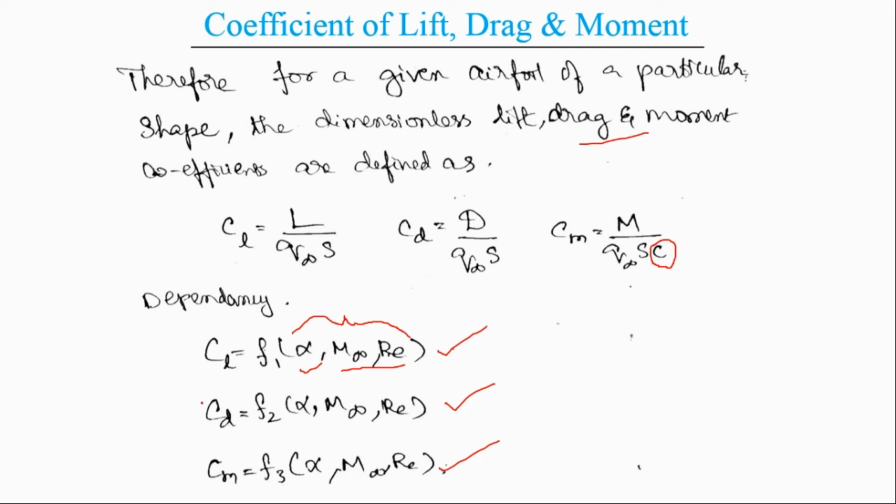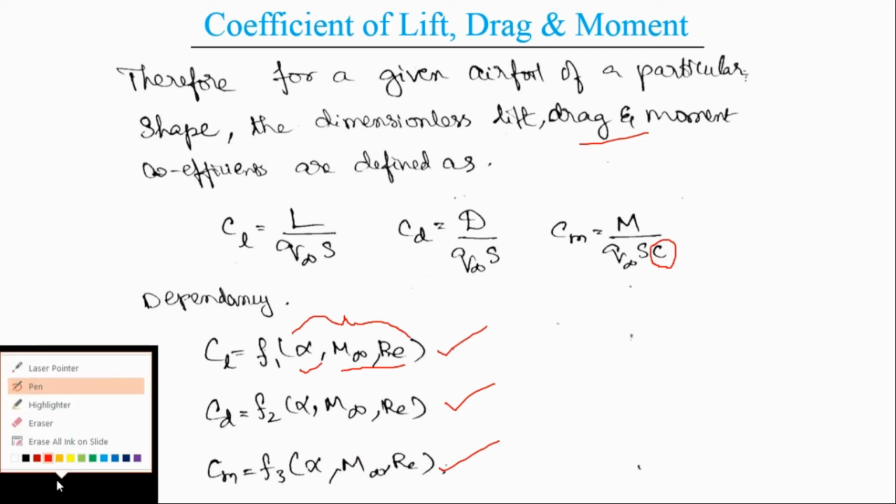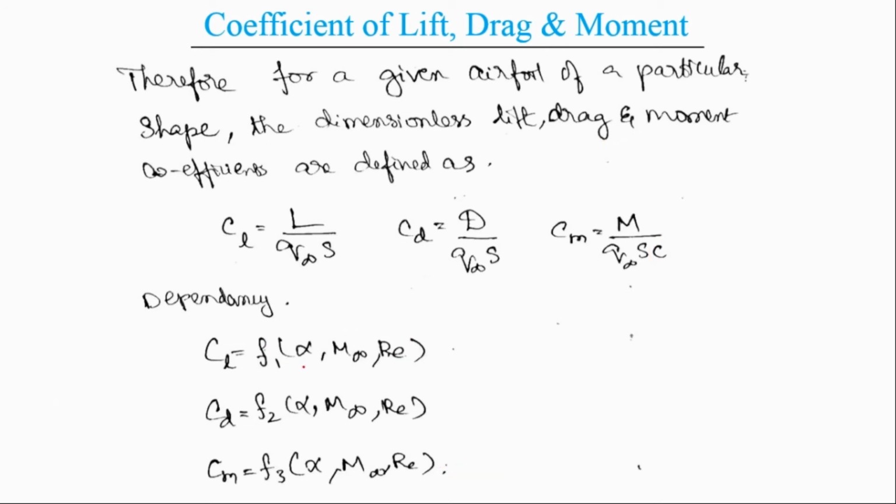Similarly for CD, CM, and everything. If we need the variation with Reynolds number, we keep the angle of attack and Mach number constant and just vary the Reynolds number. This is how we perform our experiments in a wind tunnel.